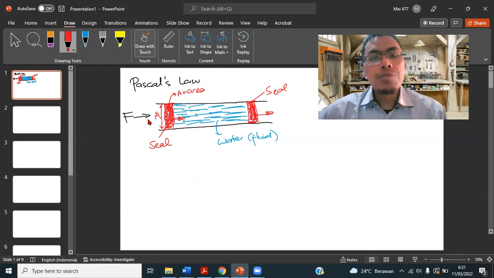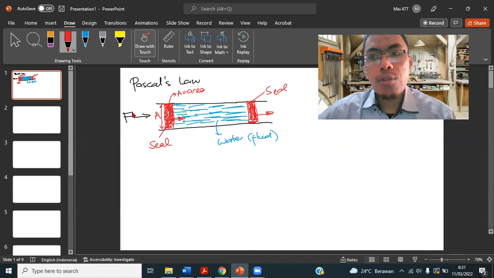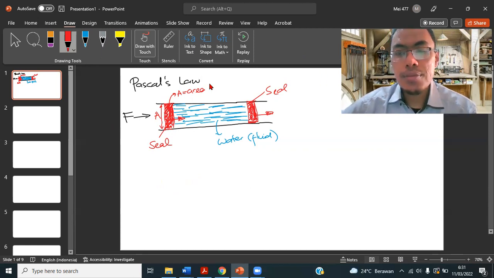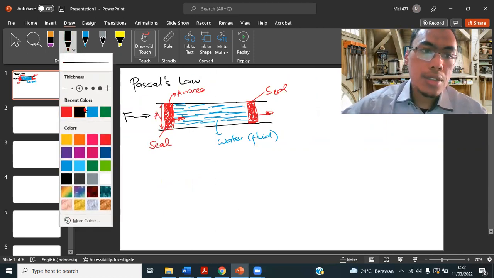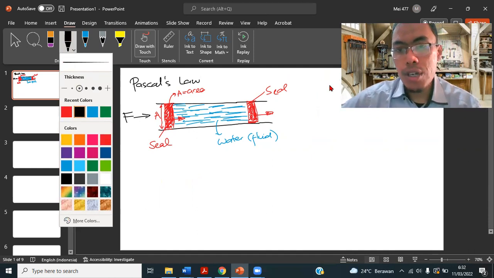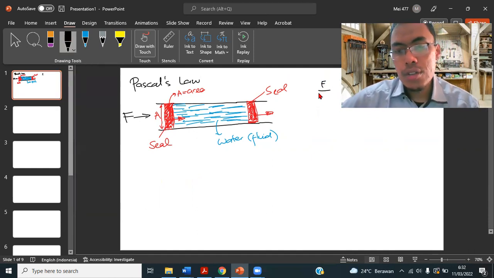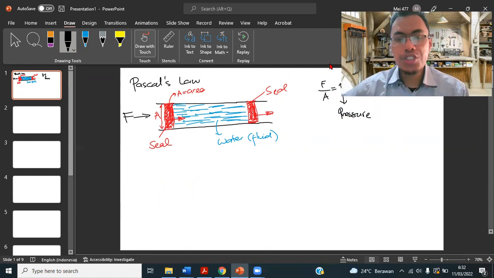Okay. So when we put force onto an object with area, then it will generate something that we call pressure, ya. Jadi when we have force in contact with an object with area, then we get P. The P is pressure.